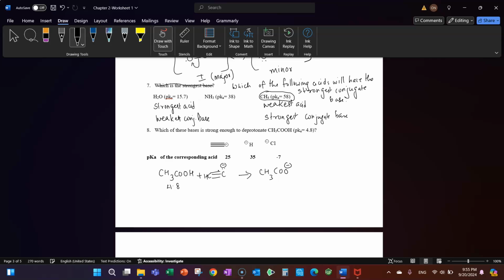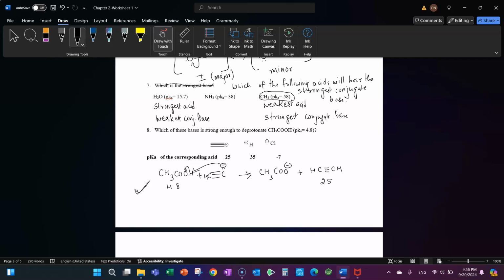CH3COO minus, where the base has removed the proton and the electrons stay here, so we get an oxygen with a negative charge, and HC triple bond CH. That will be my product, and the pKa of this acid is what is given, 25. So here we are going from a stronger acid to a weaker acid.